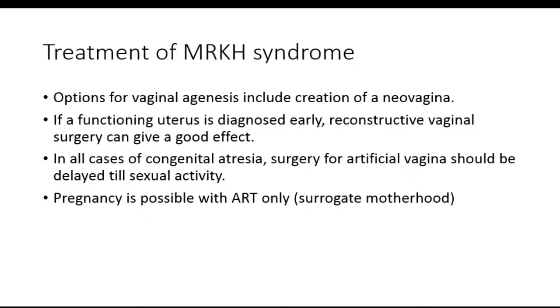Sometimes a very small uterus is found in Rokitansky patients. In this case, surgery may give a good effect and create the tract between the uterus, the cervix, and the vagina and vulva. In cases of congenital atresia, surgery for an artificial vagina should be delayed until the sexual activity of such patients.